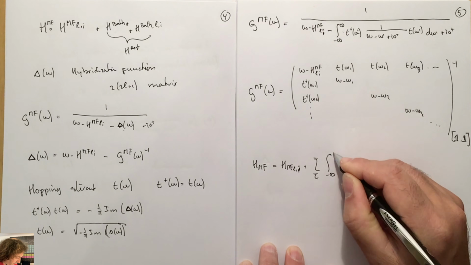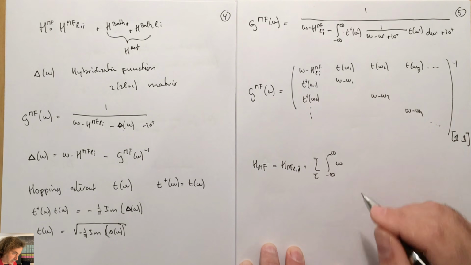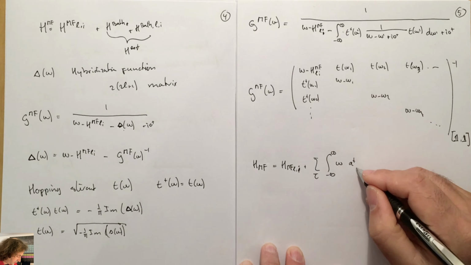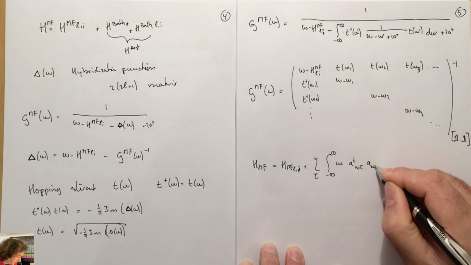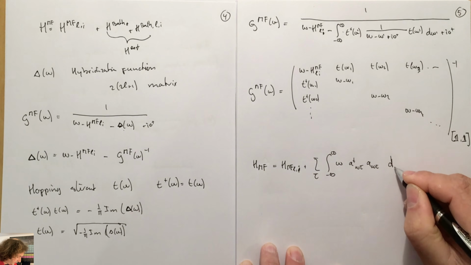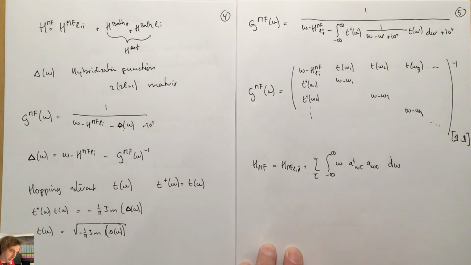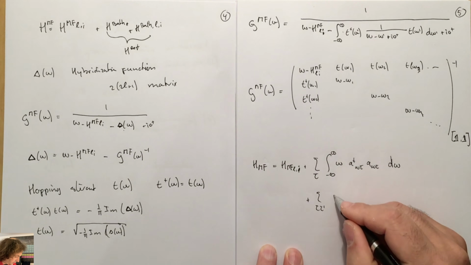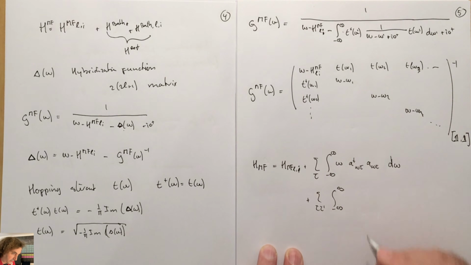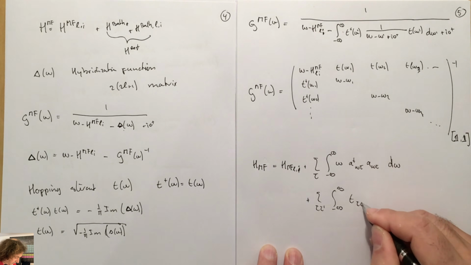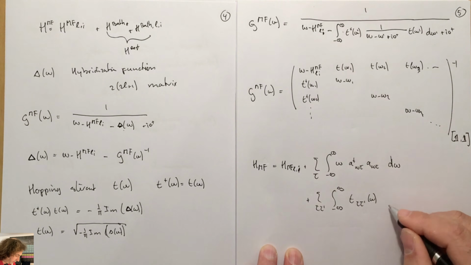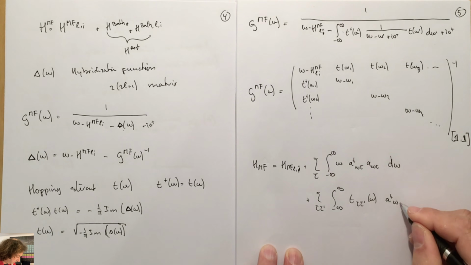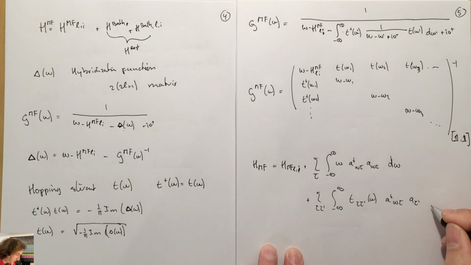And then an integral, because we have an infinite number of bath sites, where we have the energy of our particles that occupy a bath site with energy omega, plus, and then we have the interaction between the local states and the bath states by hopping t prime of omega, a dagger omega t a, t prime plus its Hermitian conjugate, integrated over all frequencies.